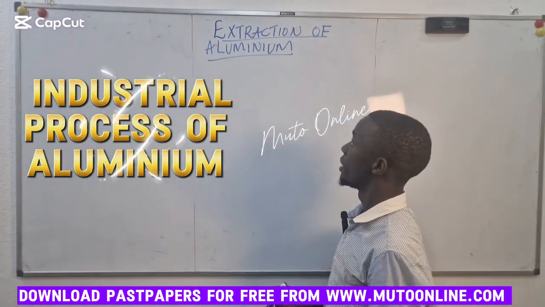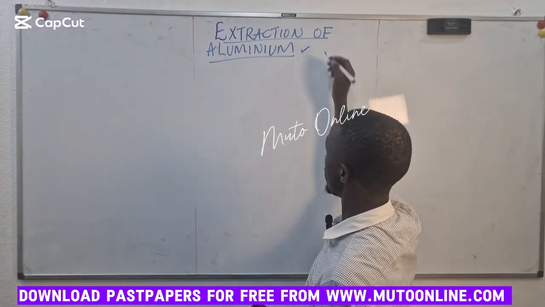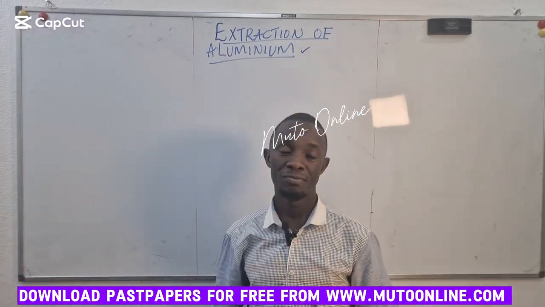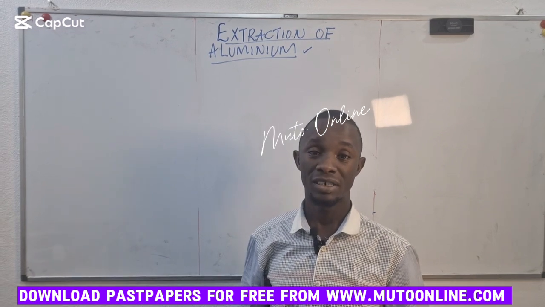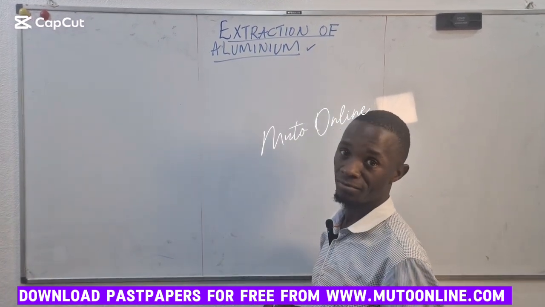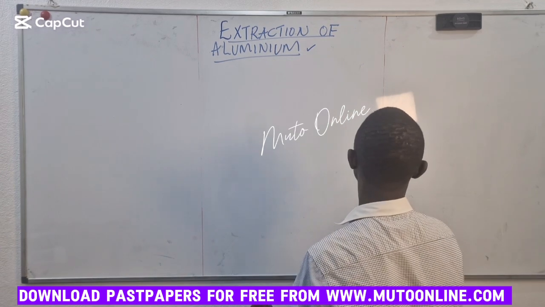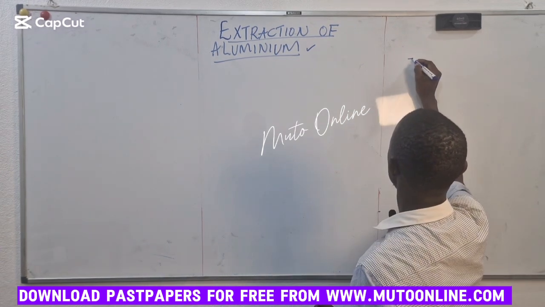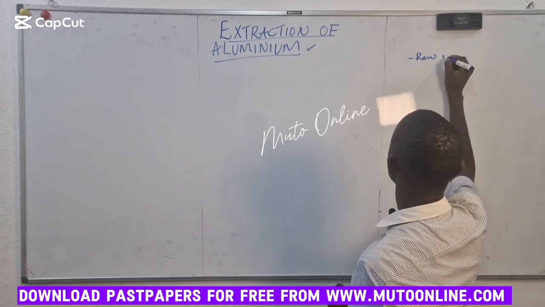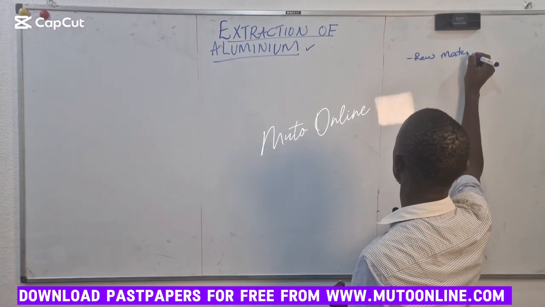Remember, this kind of a question is a question that is set in section B, part 1 of paper 1, chemistry, and we know what they mark. They expect a learner to clearly state the raw materials, which we are going to look at.